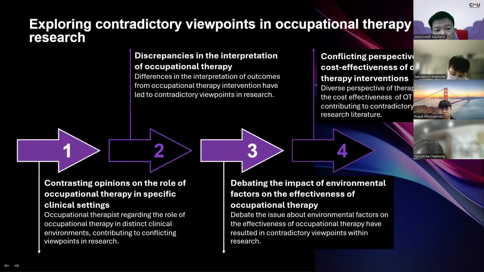This is the main paper, and this is the support paper. They may hold together, or they may contradict each other. Don't worry, you can pick out the common purpose. Occupational therapy's role in distinct clinical environments can contribute to conflicting viewpoints in the research.